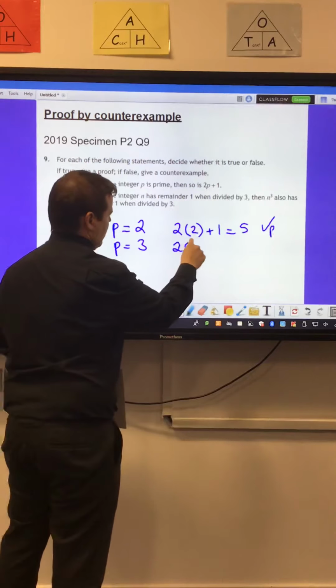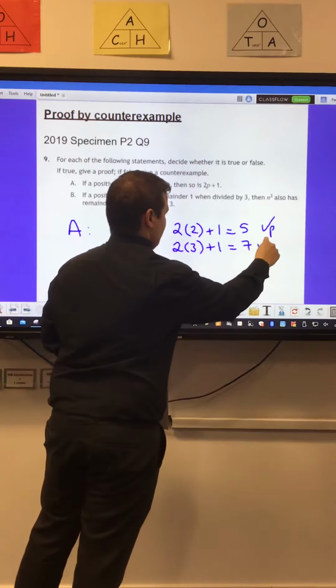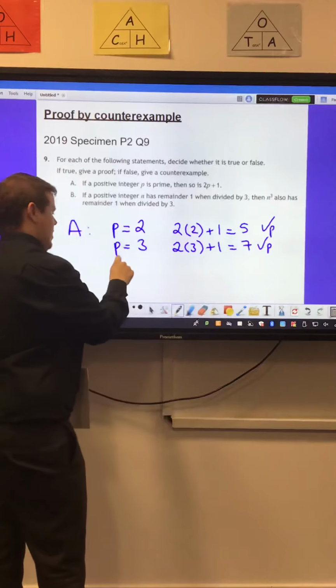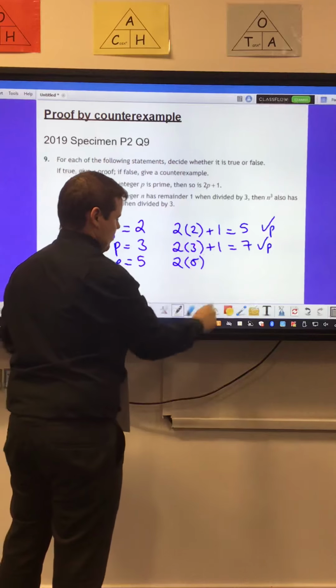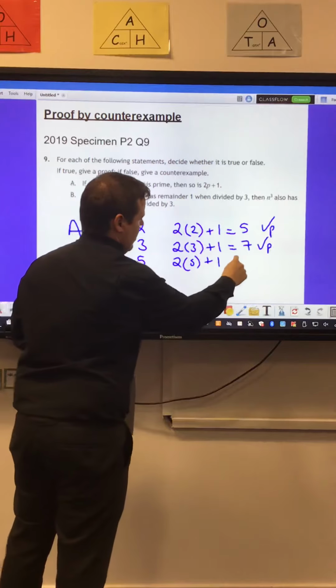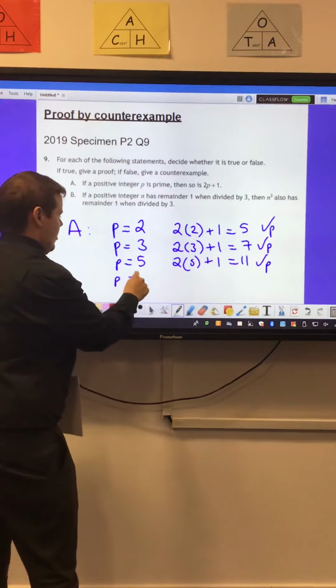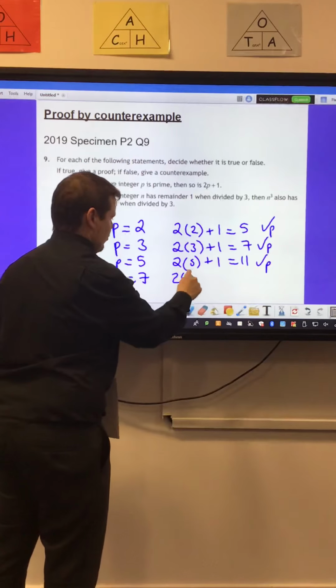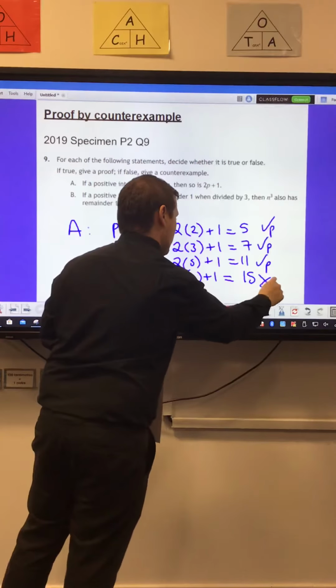Well, 2 lots of 3 plus 1 is 7, which is also prime. p equals 5: 2 lots of 5 plus 1 equals 11. That is prime. p equals 7, next prime number: 2 lots of 7 plus 1. That is 15. That is not prime.